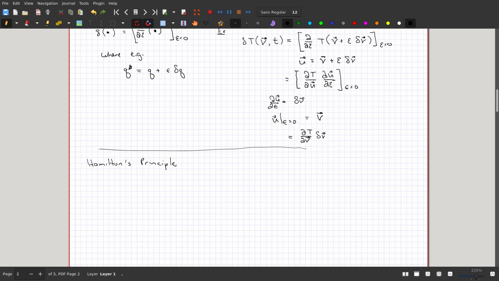Somebody maybe had a graduate course in dynamics, as perhaps a mechanical engineer might have run across this. It's almost always introduced or used in the context of solving dynamical systems. But we can use it in continuum mechanics as well. And it's basically what we're going to use to derive our poroelasticity equations.